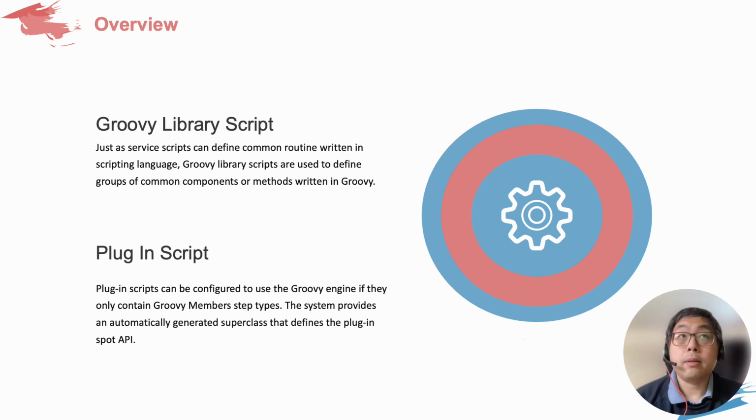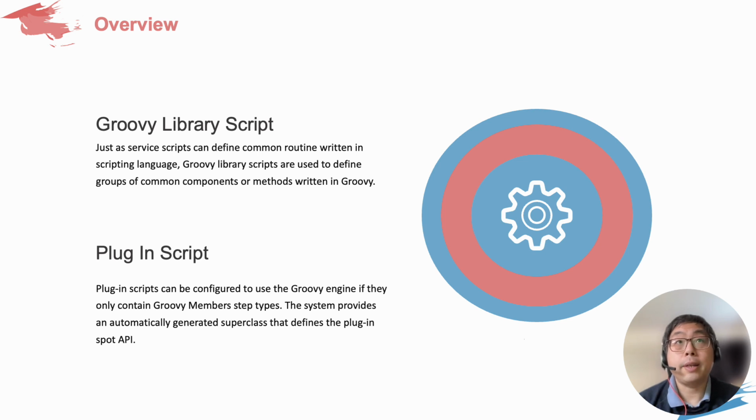But then Groovy comes in because it's very similar to Java and it is easy to write. And it also has the same feature as the script, which doesn't require downtime. So that becomes more popular these days within a project. Basically, you can categorize it into two types of script.